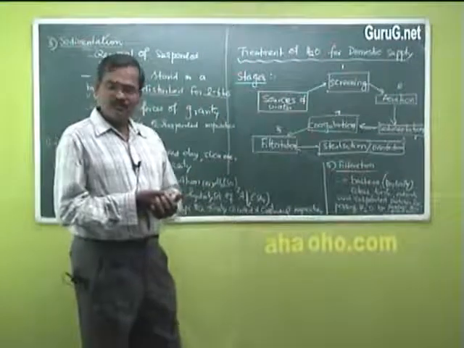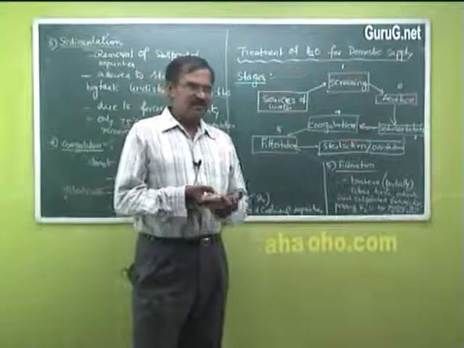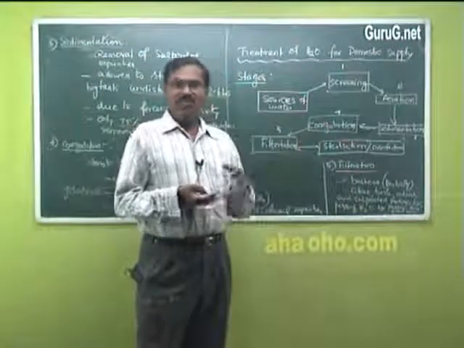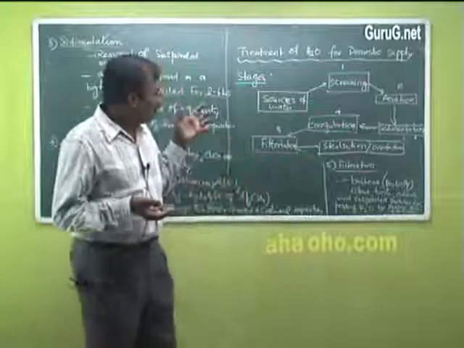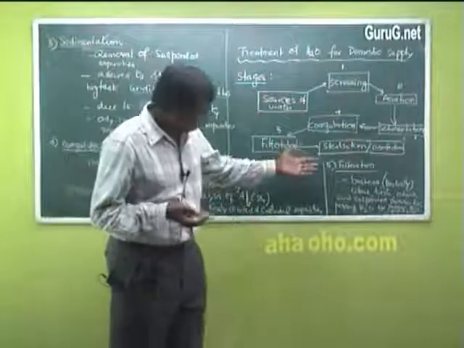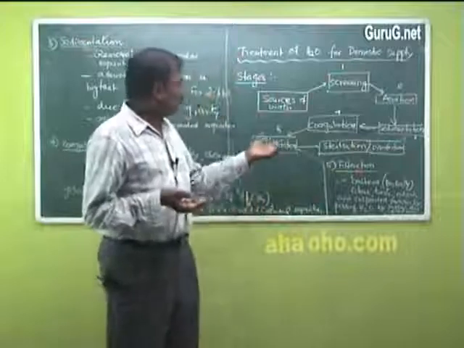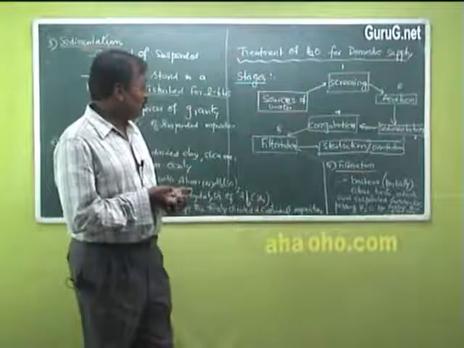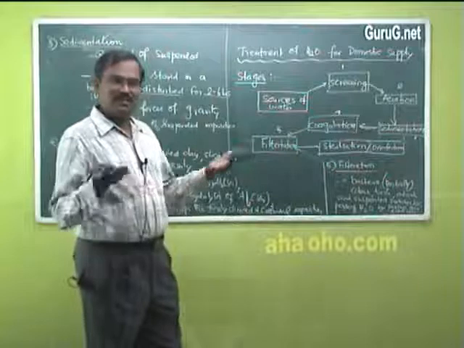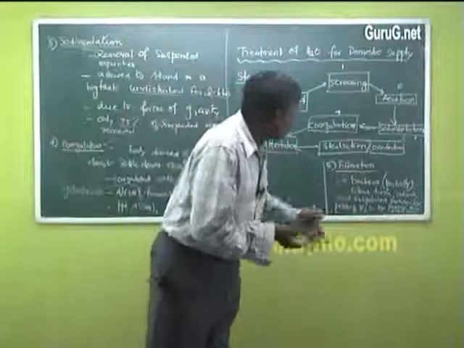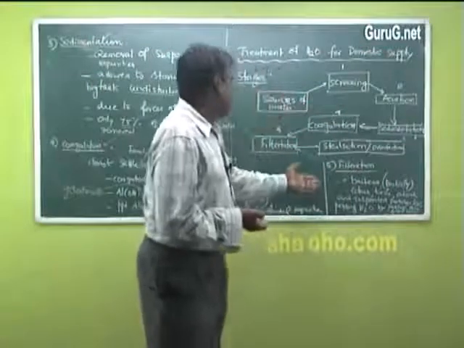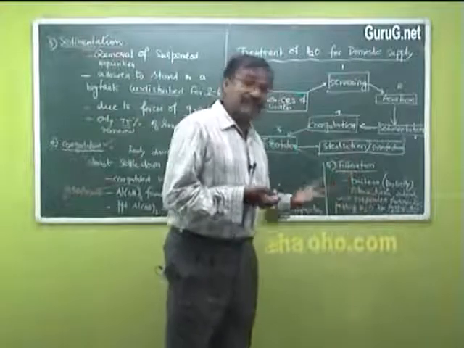So color goes, and taste, that means the substances which impart some taste to water are removed, and similarly substances which give some odor, smell to the water are also removed, and suspended impurities very well can be removed by passing the water through a filter bed.